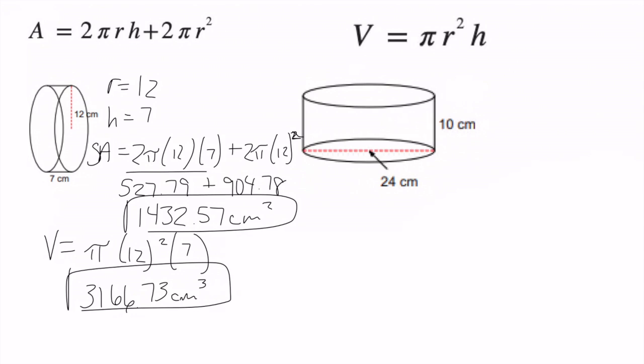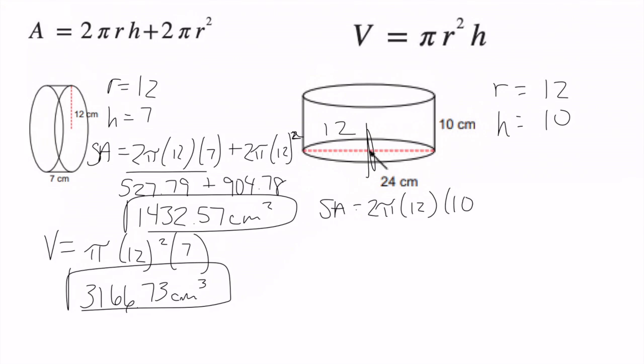Now the last one, we need our radius, which is going to be half of this. Half of 24 will give us 12. So radius of 12, height of 10. Our surface area equals 2 pi times our radius of 12 times our height of 10 plus 2 pi times our radius of 12 squared.